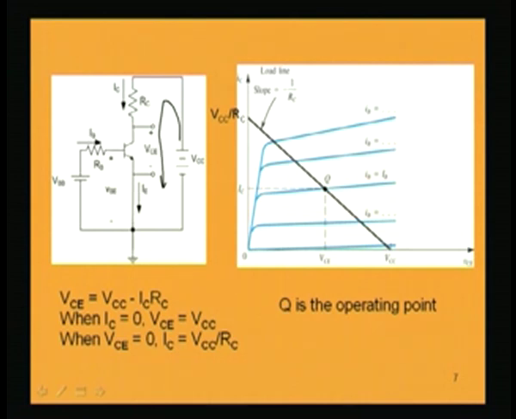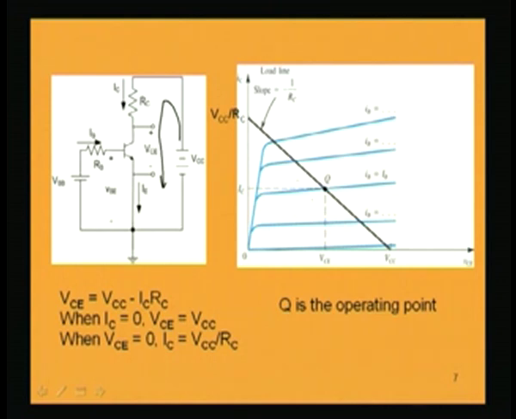So, VCE is equal to VCC minus IC RC. Here when I put IC equal to 0, I get VCE equal to VCC, that is the maximum voltage available on the x axis, the voltage axis, and when VCE is equal to 0, I get the maximum collector current that is possible, which is equal to VCC by RC, that is this maximum collector point.